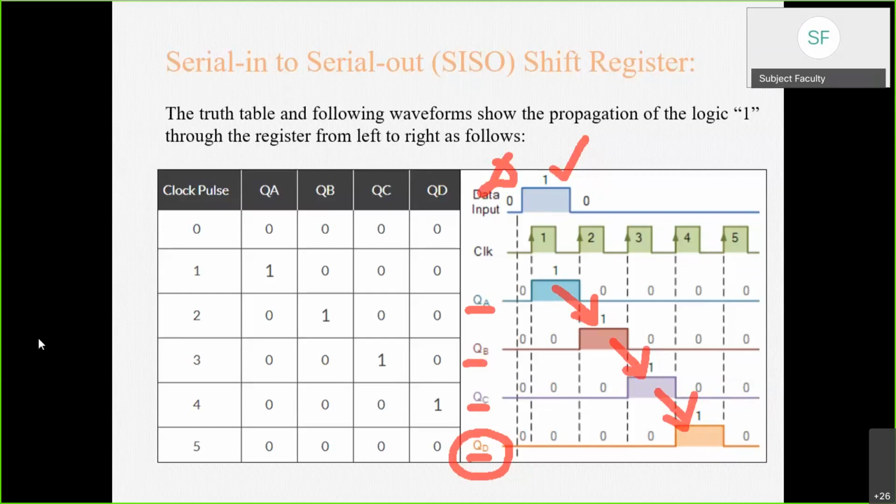Whatever waveform has been given is nothing but to show the propagation of logic 1 through the registers. How the logic 1, or a single bit, is propagating within the register. It is the truth table and waveform for that.